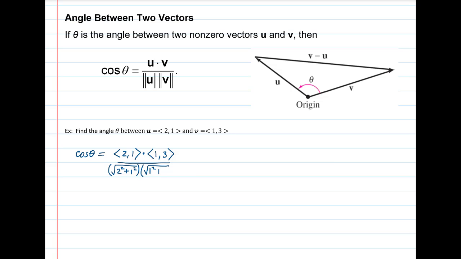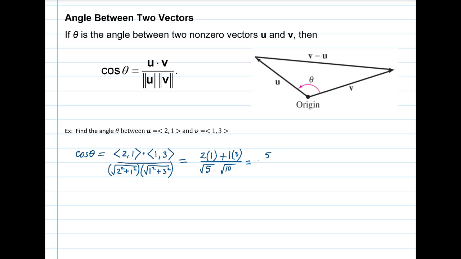The magnitude of u is the square root of 2 squared plus 1 squared, times the magnitude of v, the square root of 1 squared plus 3 squared. Calculating the dot product in the numerator, we get 2 times 1 plus 1 times 3, all over the square root of 5 times the square root of 10.